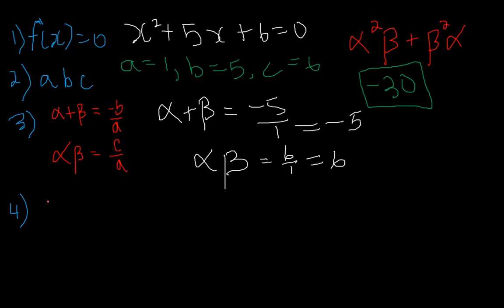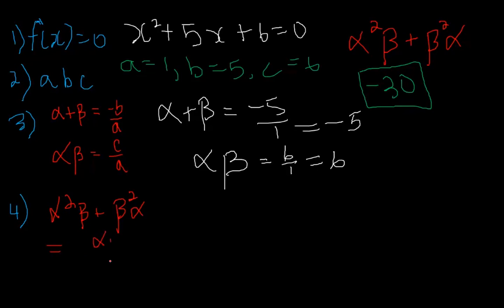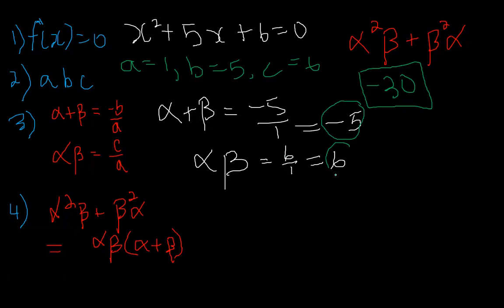You have to find alpha squared beta plus beta squared alpha, which is alpha beta in brackets alpha plus beta. We know that this is equal to alpha beta in brackets alpha plus beta. We already know what alpha plus beta is, and we already know what alpha beta is.